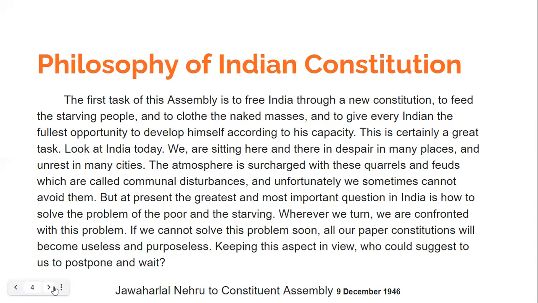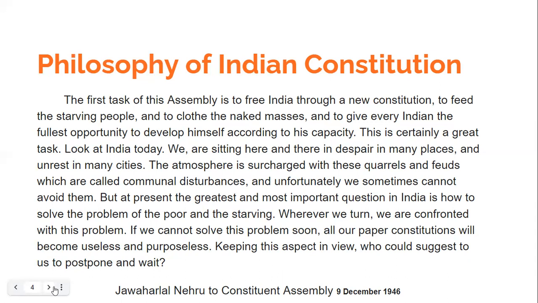So he says, look at India today. We are sitting here, and there is despair in many places and unrest in many cities. The atmosphere is surcharged with these quarrels and fears, which are called communal disturbances. And unfortunately, we sometimes cannot avoid them.